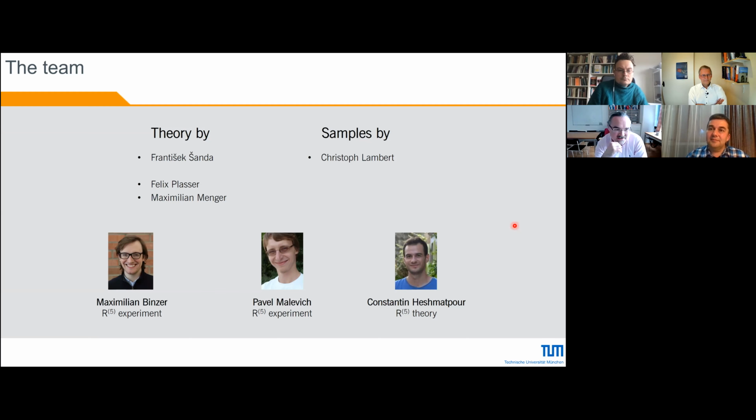And he, to a large part, supervised Konstantin down here, who did all the theory plots you will see in the following. We also had some support by Felix Plasser, who's in Loughborough now, and Maximilian Menger, who is in Groningen, and they did quantum chemistry for us. The samples were provided by Christoph Lambert, and for those of you who know him, yes, we used squaraines and we enjoyed them immensely.